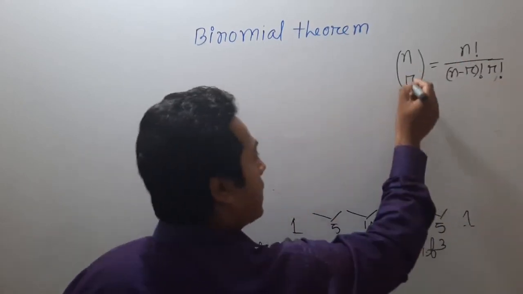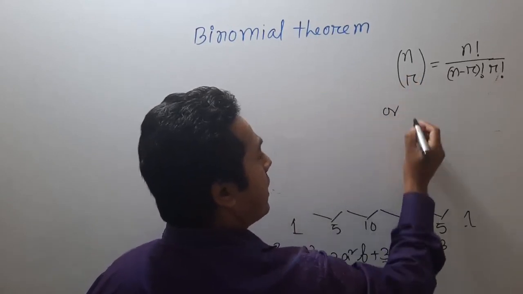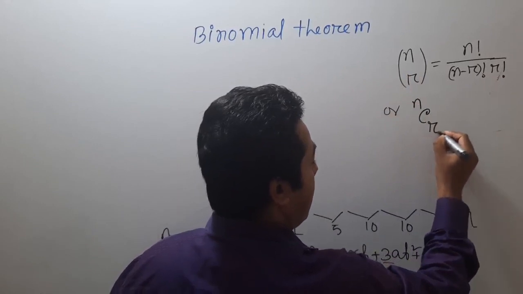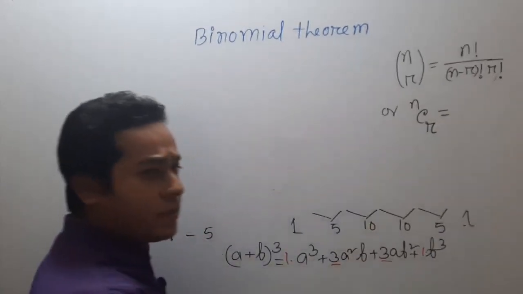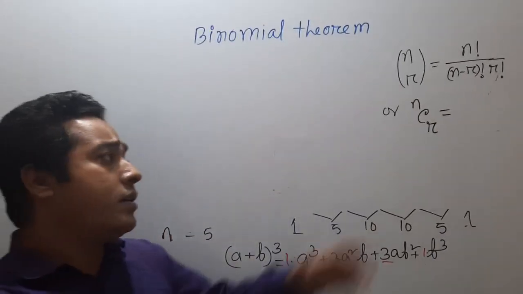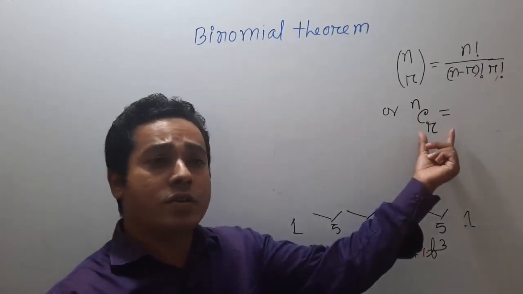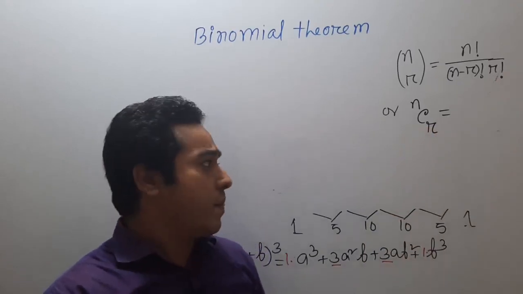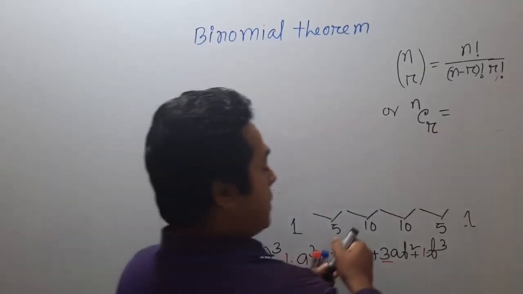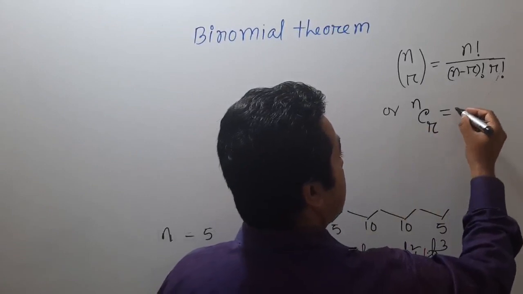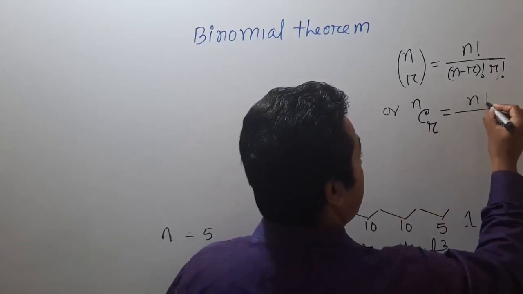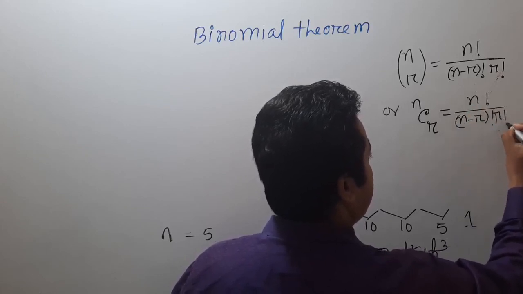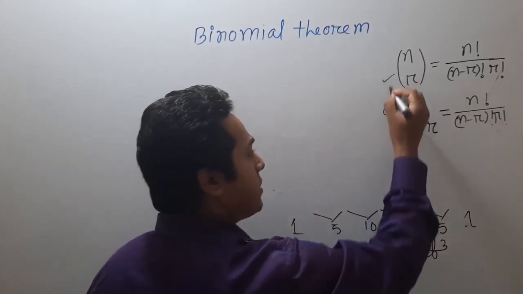And this symbol we can write in another way, nCr, where n is the degree of the binomial term, and r is related to the terms. Here this is also factorial n over factorial n minus r and r factorial. We can use either of these.